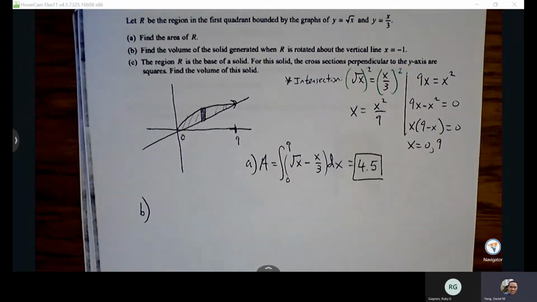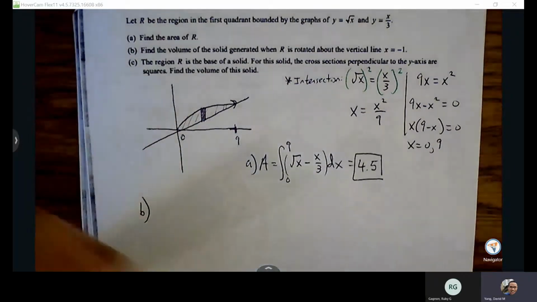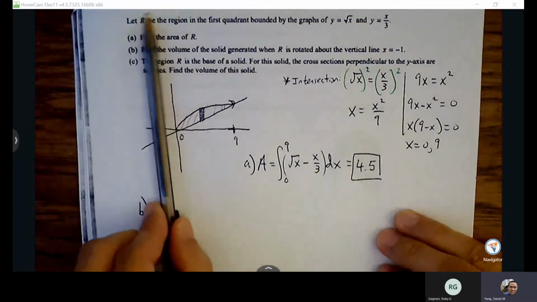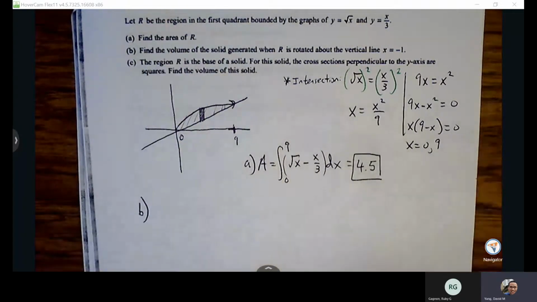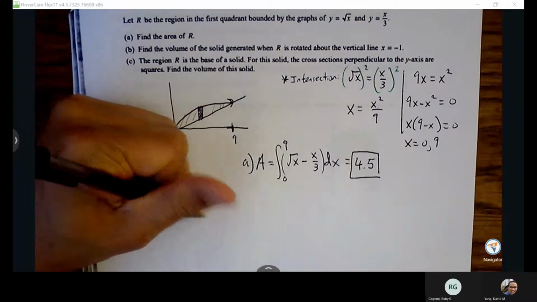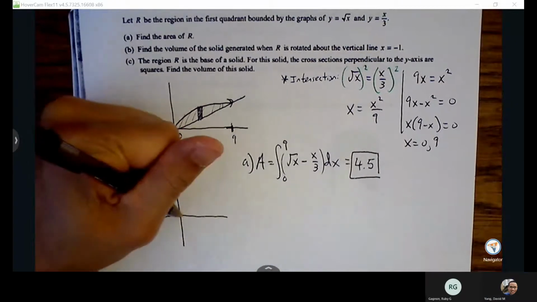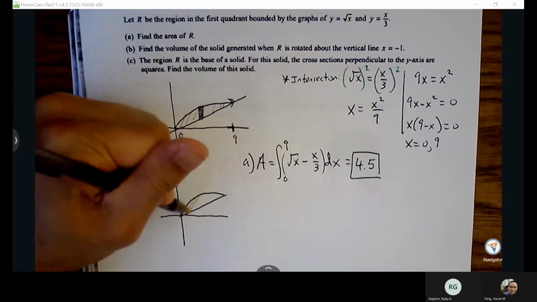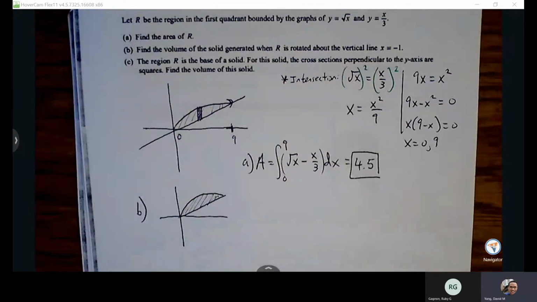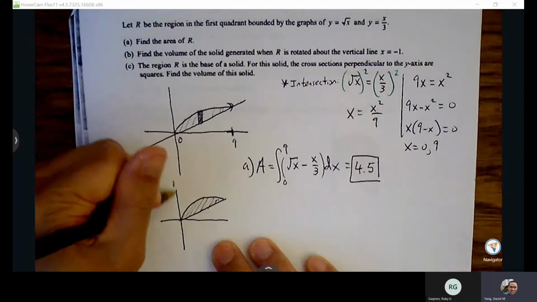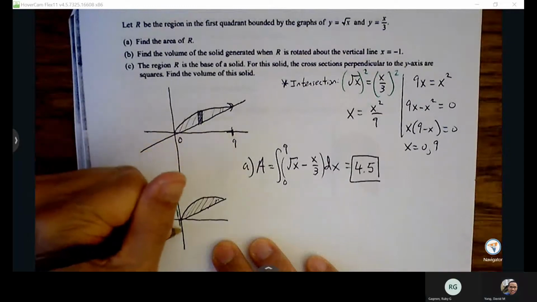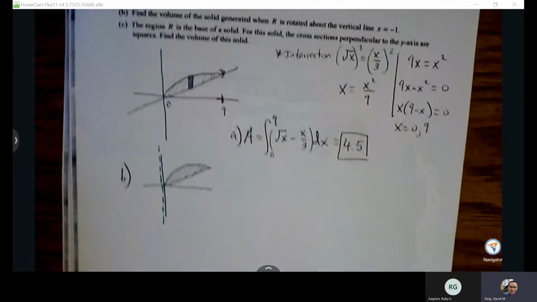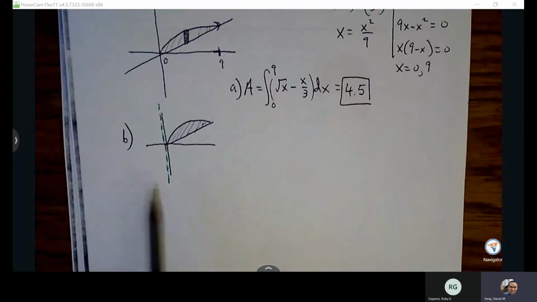Okay, part B, find the volume. Rotate it around the vertical line, x equals -1. So vertical axis of revolution here. Okay, vertical axis of revolution.